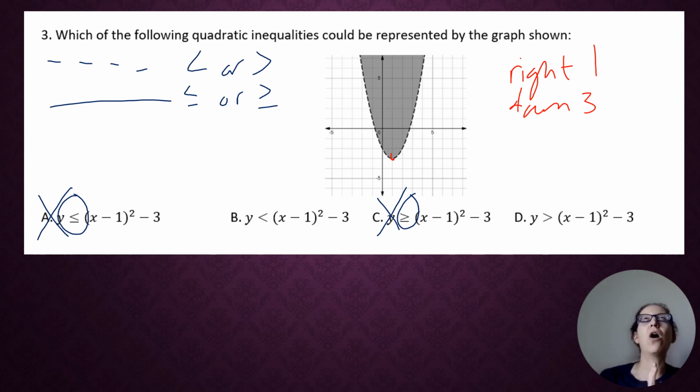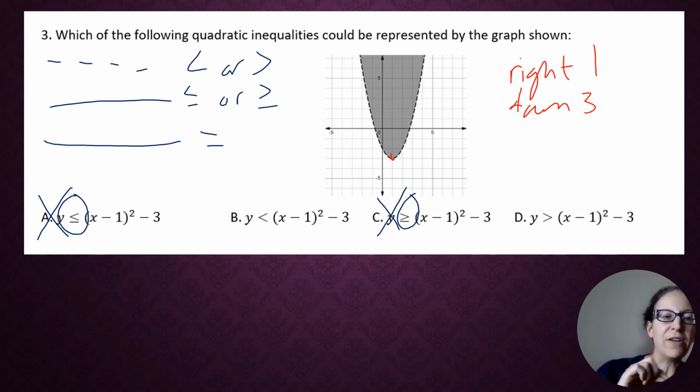Now that should not be a random fact that you're just trying to memorize, okay? If you had an equal sign, you would have a solid line, or in this case, a parabola. If you put it into Desmos, if it was equal, it would be solid. We've never had an equal sign and just decided to do it dashed. So anytime you're seeing the equal, it's going to be solid.